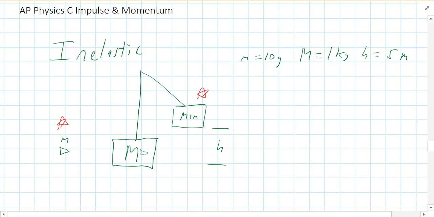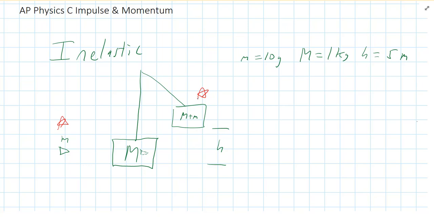So they'll set 1/2 mv squared of the bullet equal to the sum of the masses times gh of the block. And it turns out that they'll get an enormously wrong answer. It'll be off by a huge factor because they're using conservation of energy. And in this interaction, energy is not conserved, not even close.